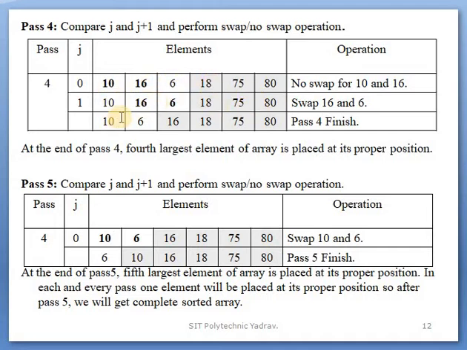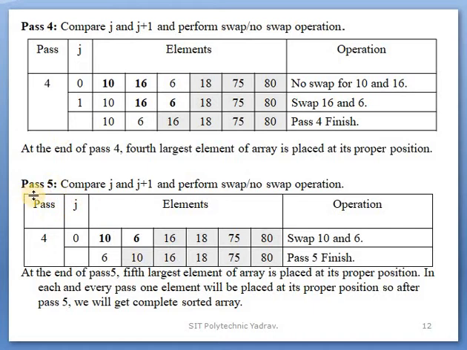After that, 16 is checked with 6. 16 is greater than 6, so swap 6 and 16. After that, in the fourth pass, 16 is placed in its proper position. At the end of pass 4, the fourth largest element of the array is placed at its proper position. Okay. Fourth means what? It is first, second, third and fourth.